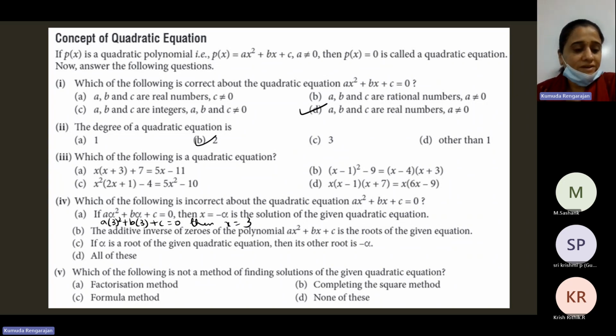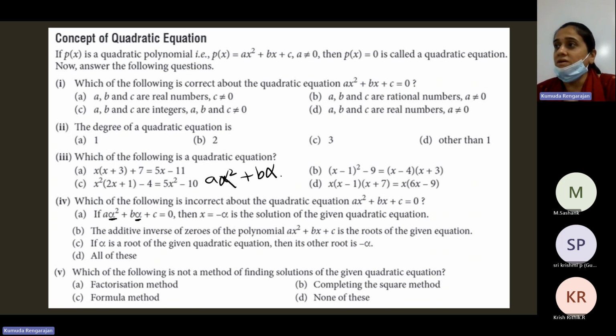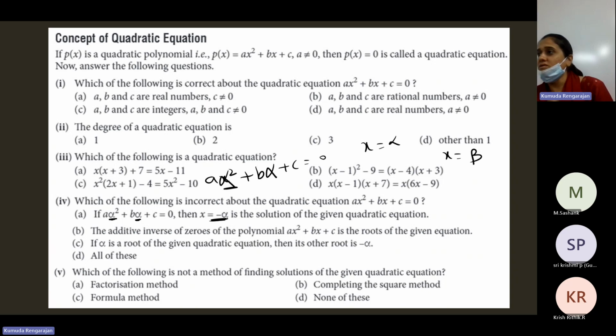So in place of x when you use alpha, ax square, in place of x, use the root alpha, then plus b alpha, plus c equals 0. That means the root is alpha, right? X is equal to alpha and x is equal to beta, but they've given x is equal to minus alpha. It's wrong.